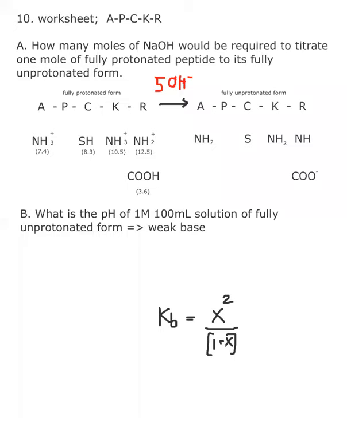But we know that x can be discarded in the denominator, so Kb would equal x squared divided by 1 molar. The problem is, which Kb value should we plug into this equation?